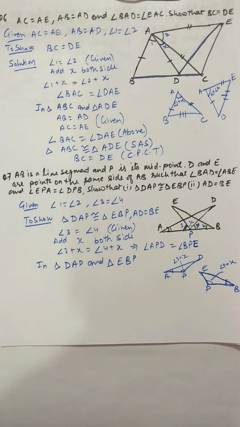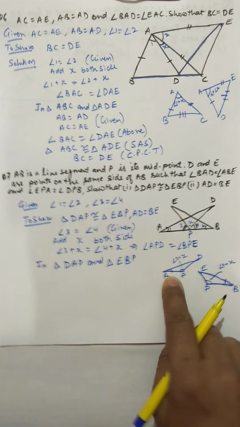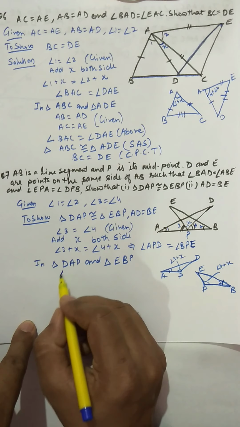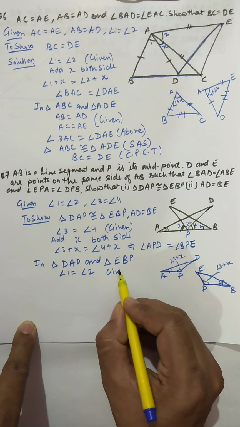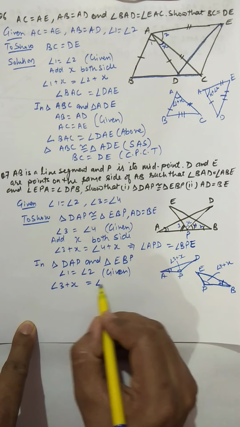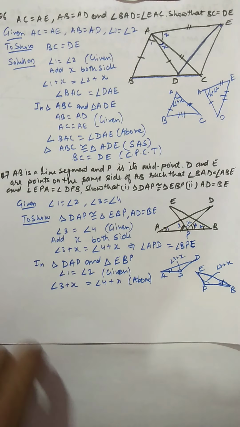So we have to show that these two triangles are congruent. How can you show that? This angle 1 and this angle 2 are equal. Angle 1 equals angle 2, and this is given, and angle 3 plus X is equal to angle 4 plus X, as you can write above. So only one thing is left.